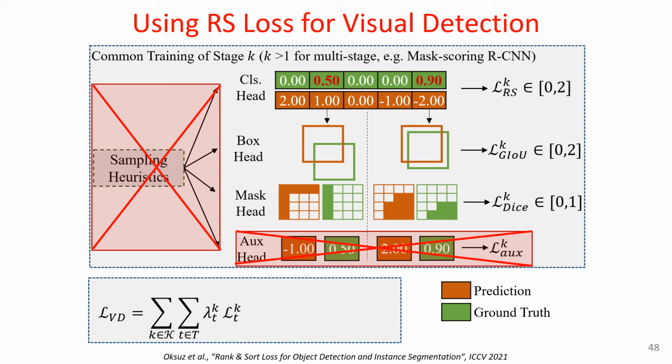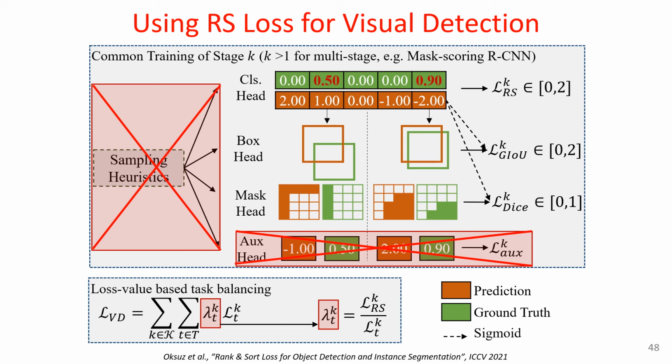Then, similar to average LRP loss, task balancing coefficients are not tuned, but differently, they are set to the ratio between RS loss and the corresponding localization loss every iteration. Finally, to consider classification output by the localization heads, GIoU and dice losses of the examples are multiplied by their confidence scores.